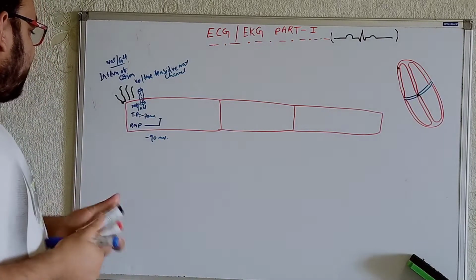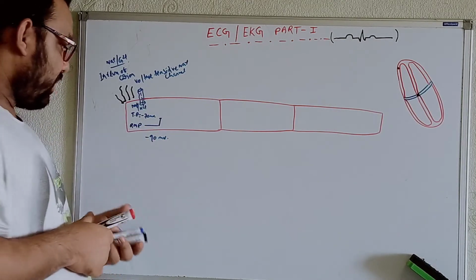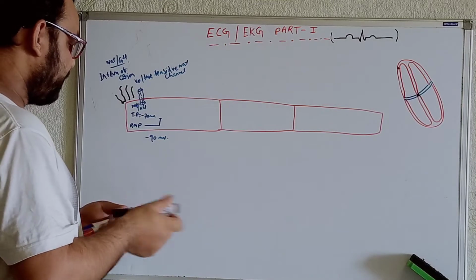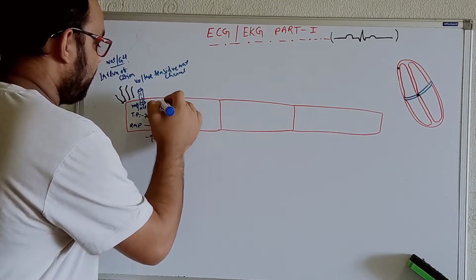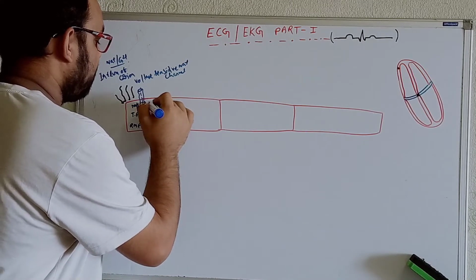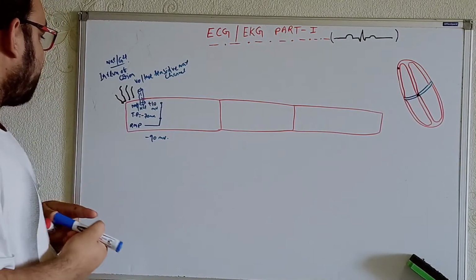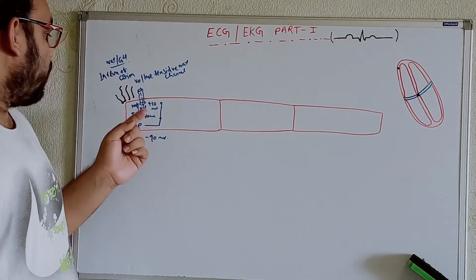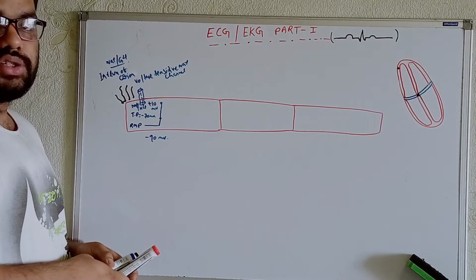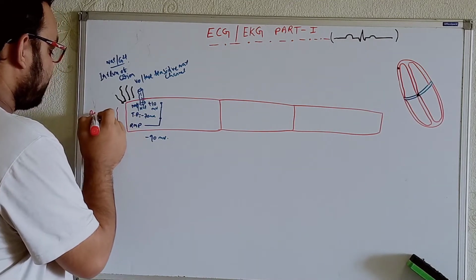As a result, the potential will be more neutralized from minus 70 millivolts, to minus 50, minus 40, 0, and ultimately, for example, plus 10 millivolts. Up to here, we can say we are getting the depolarization of the cells. So up to now, this is known as depolarization.